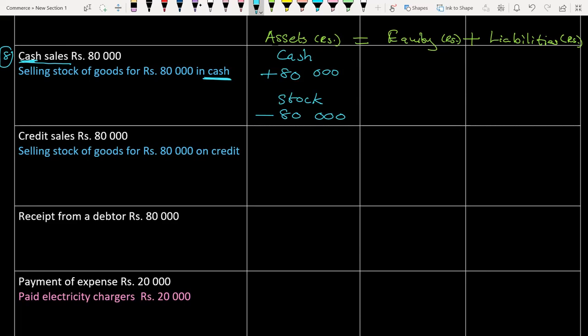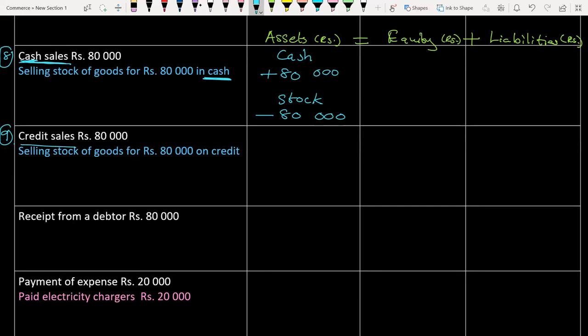So here again, both impacts occur on assets. One of the assets increases, another asset decreases. Right, 9 transaction. We know how to show the impact of cash sales. What about a credit sale?